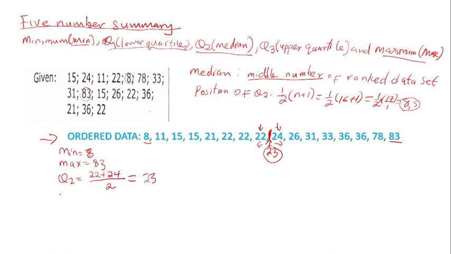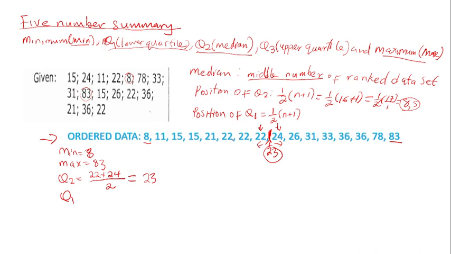So now let's get Q1. For Q1, we must also get the position. We can use the same formula of half of n plus 1. So this is now the half of the first half. It means Q1 is the median of the first half.